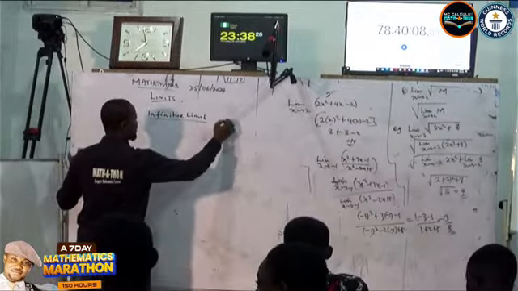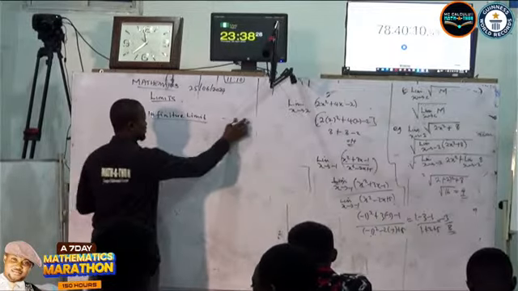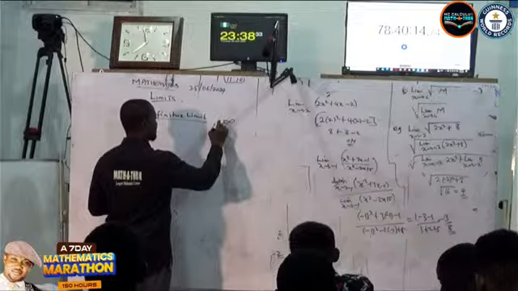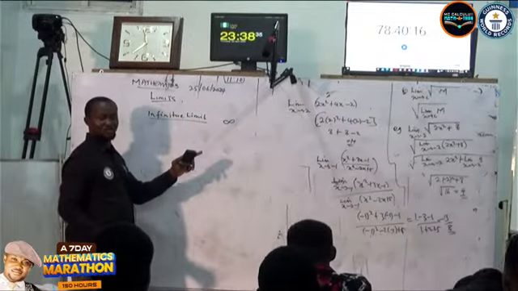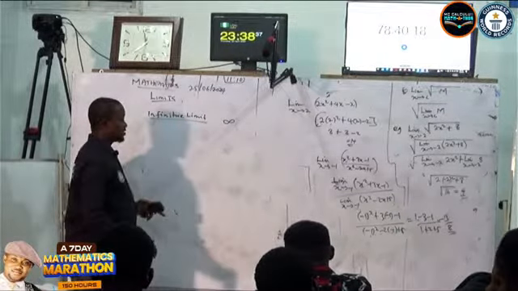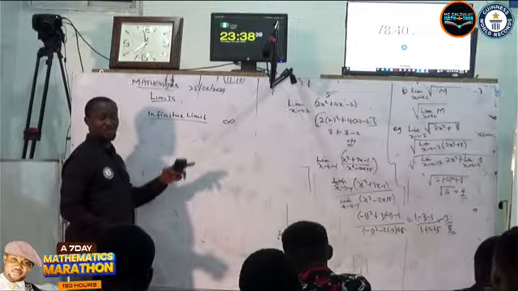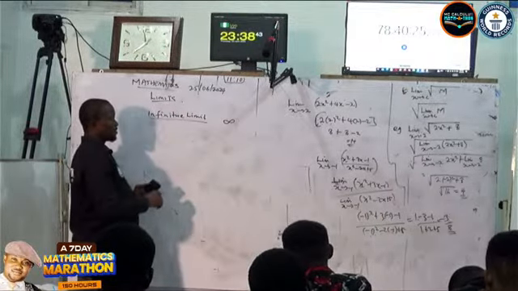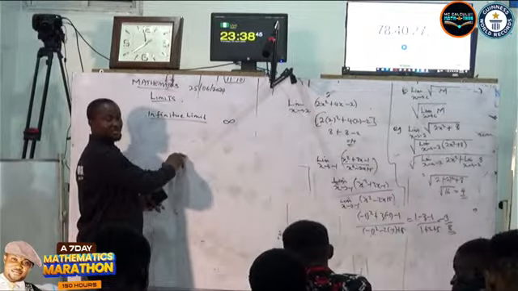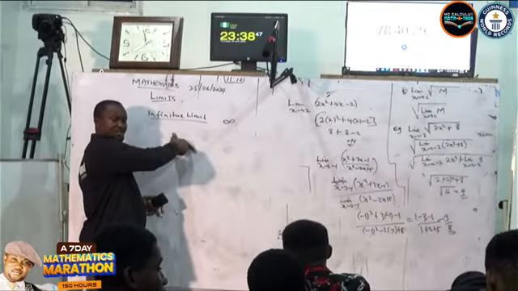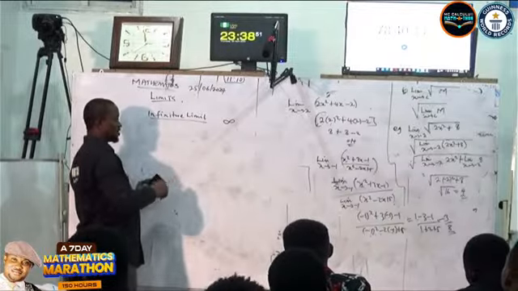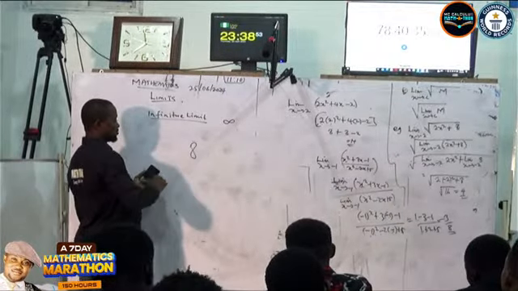This is the symbol for infinite limits. Have you seen this kind of symbol before? That's infinity. If you cannot draw it, just write your number 8 sideways. Use your hand and do like this.